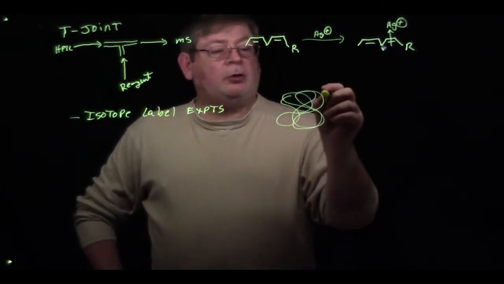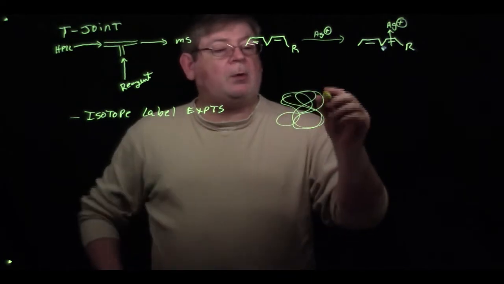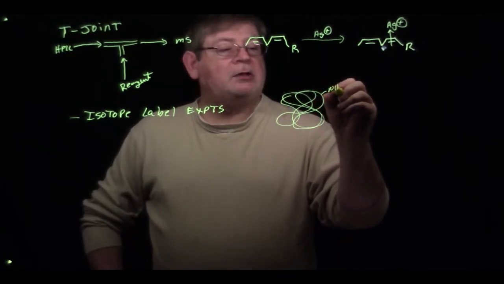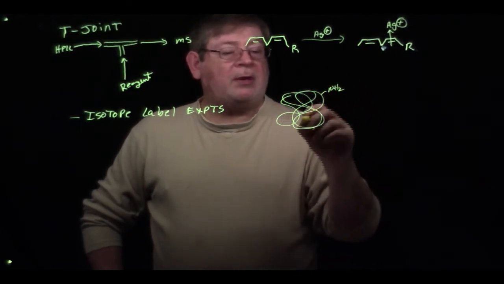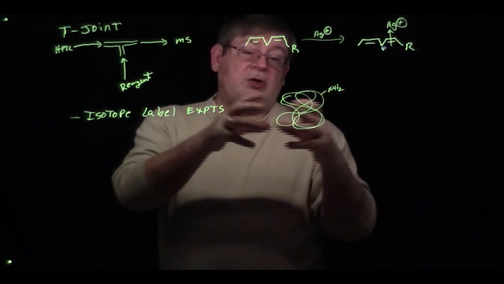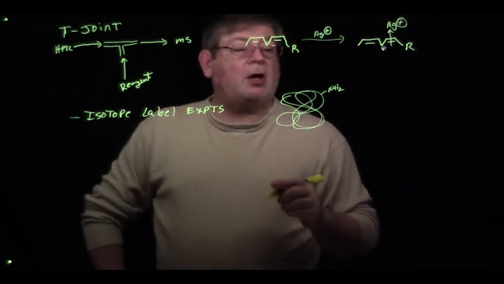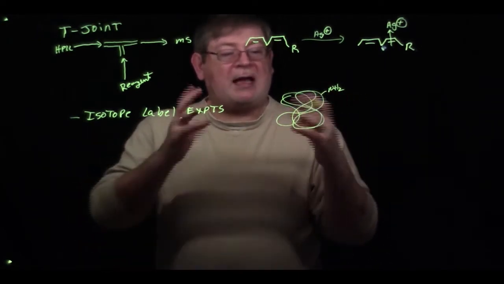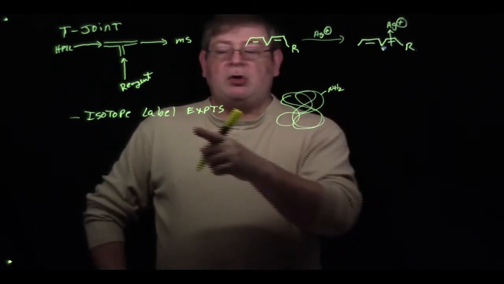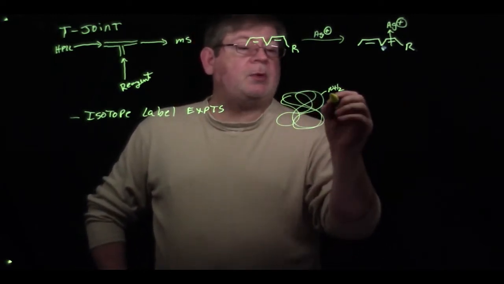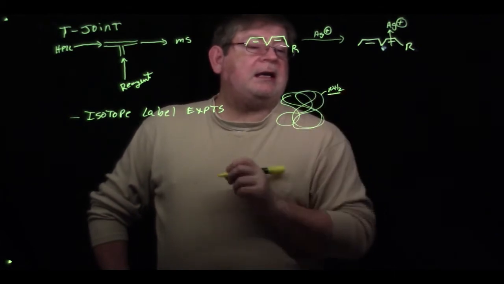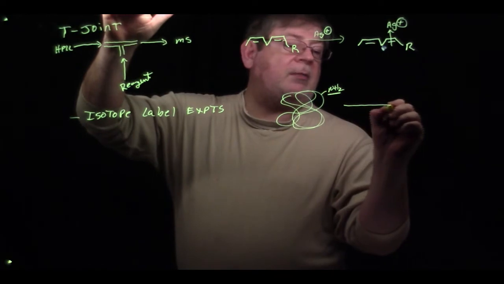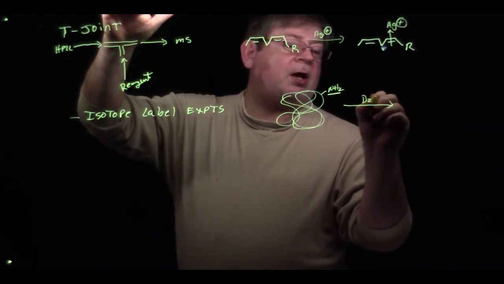When a protein is folded, you have residues that are on the outside, maybe like lysine residues, and you have residues that are on the inside. You want to know, for example, how many of these residues are on the outside versus the inside. You could do this through an isotope labeling experiment because we know that NHs can readily be exchanged with deuterium when they come into contact with deuterium oxide.